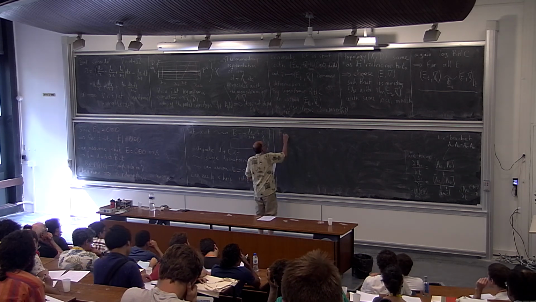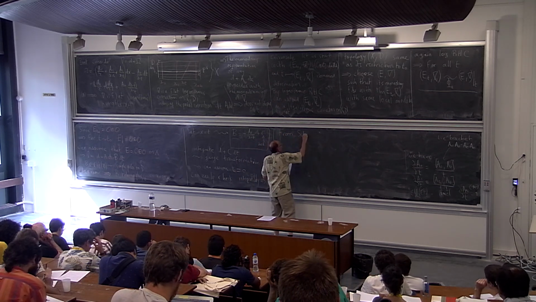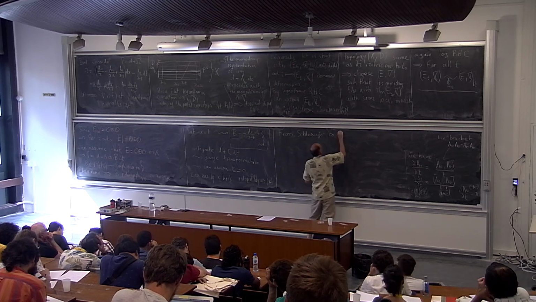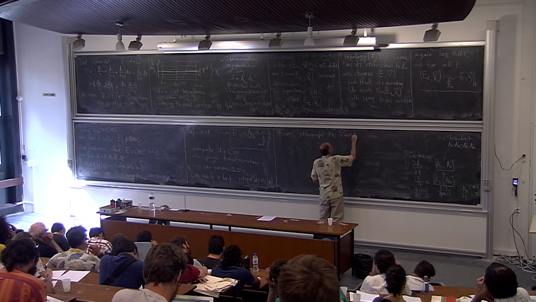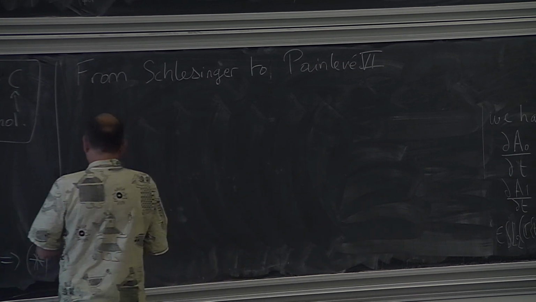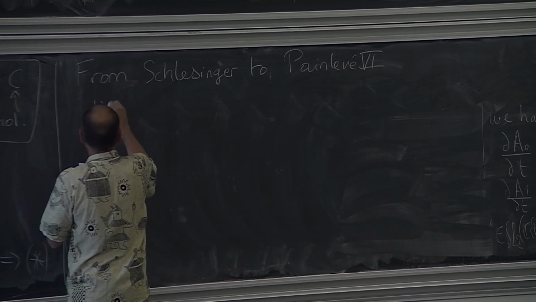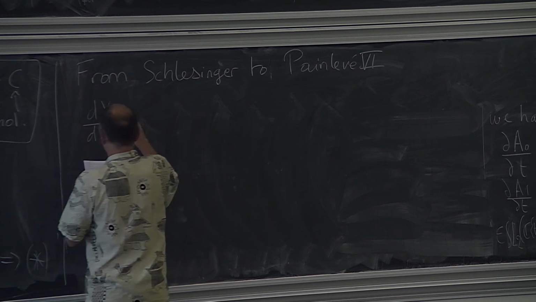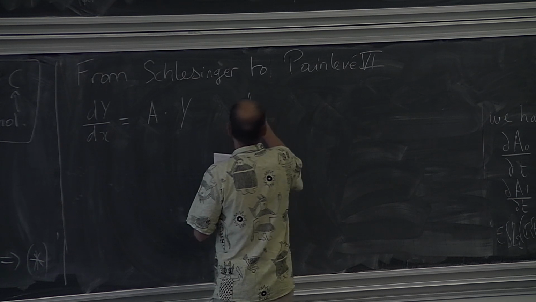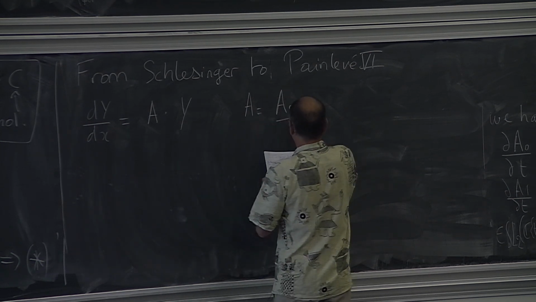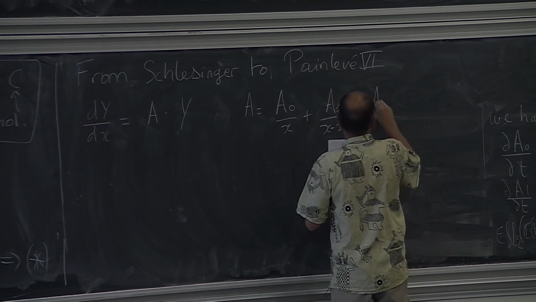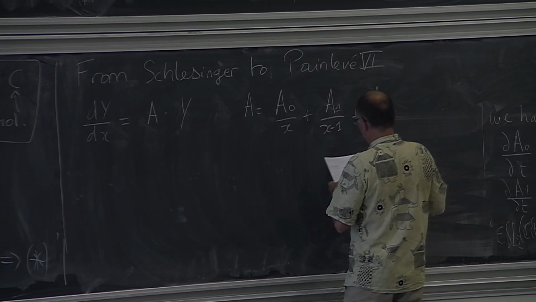So now from Schlesinger to Painlevé VI, I rewrite the system as follows: dy over dx equals A times y, with A equal A0 over x plus A1 over x minus 1 plus A_t over x minus t.